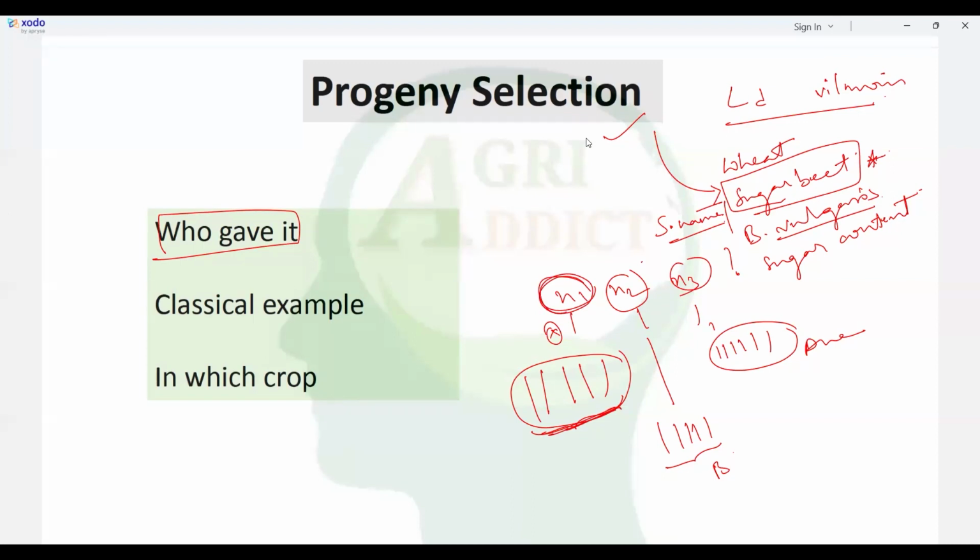So ultimately, it is the test of the genotypic value of your parent. Okay, you are assessing the genetic worth of your parent through the progenies. Is it okay? The statement is very simple. It is nothing but based on the performance of your progeny, you are deciding the genetic worth of your parent.